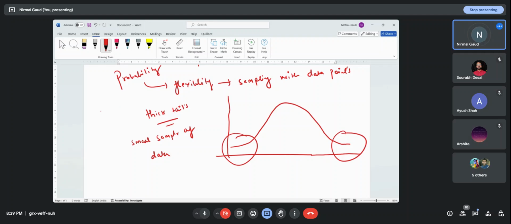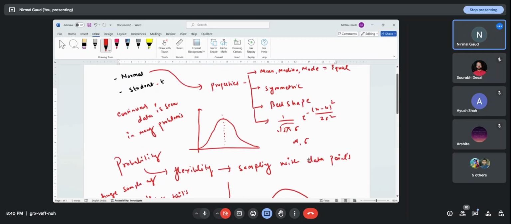If you have a huge sample of data, normal distribution is effective. We can use these plots according to the purposes they are defined.